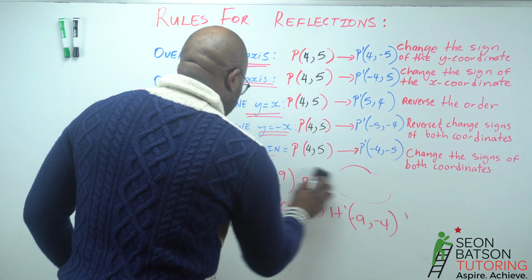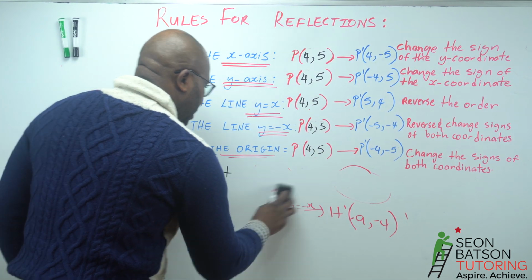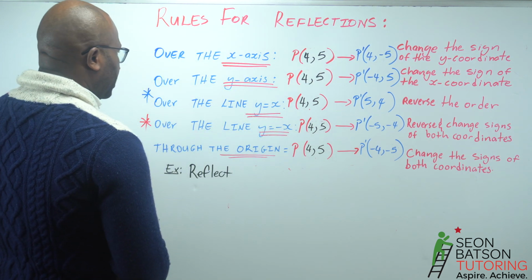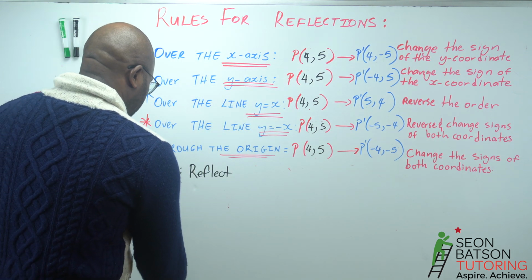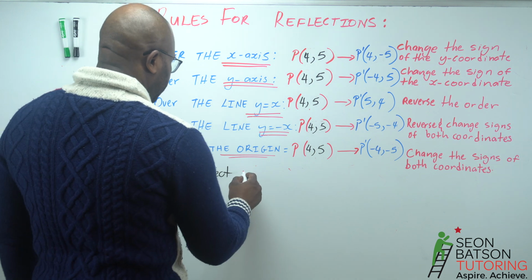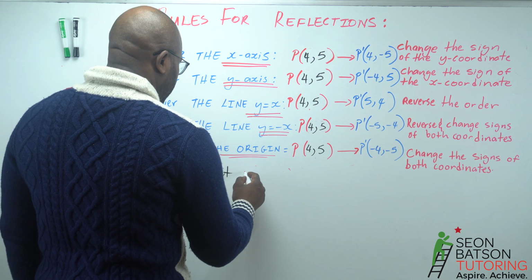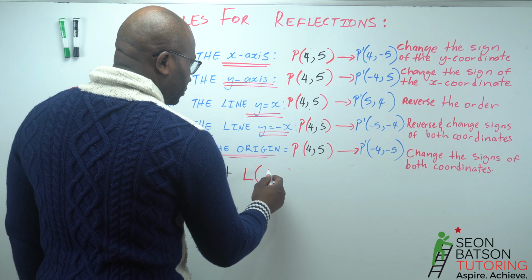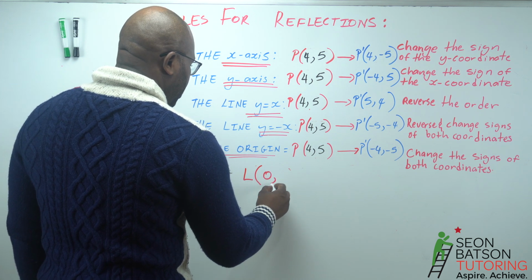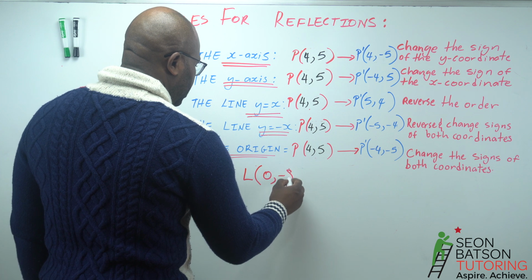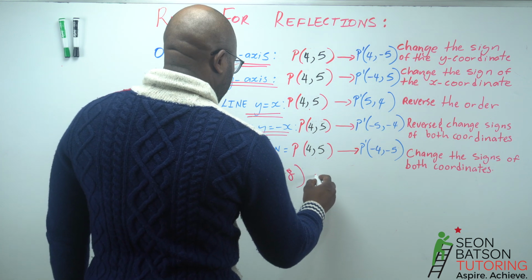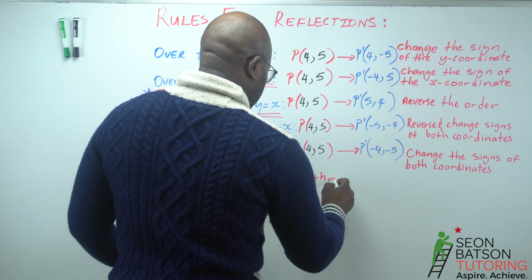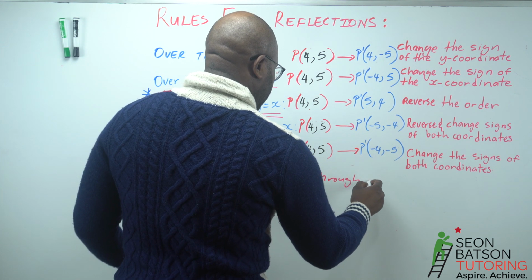Alright, let's do one more. And let me see what you guys are going to get here. Let's go to the origin. So let's reflect the point. Let's call this point L. And let's say we have 0 and -8 through the origin.